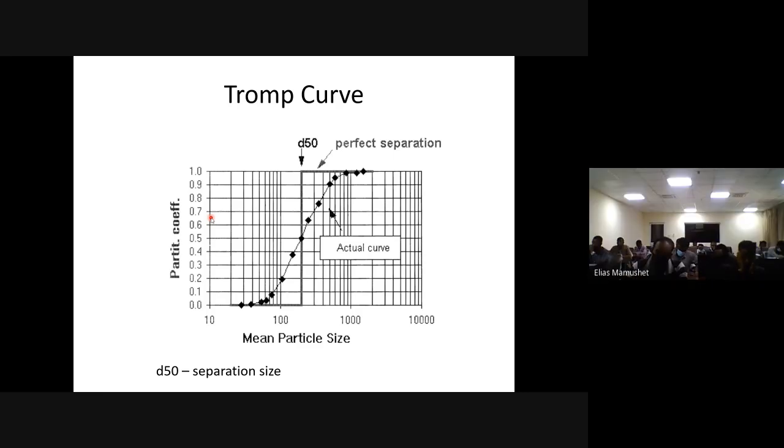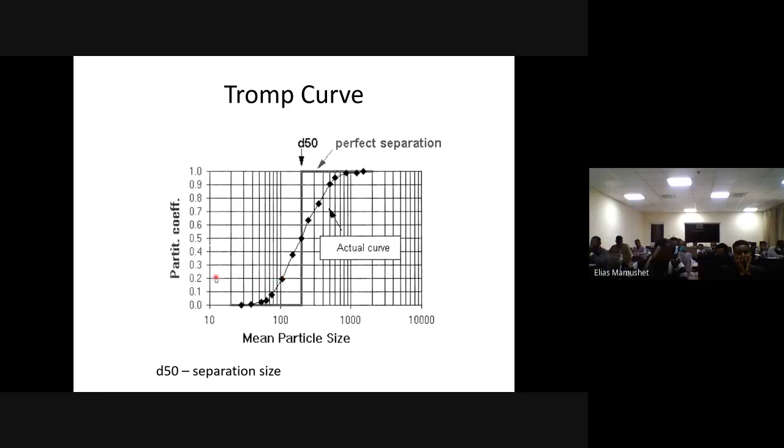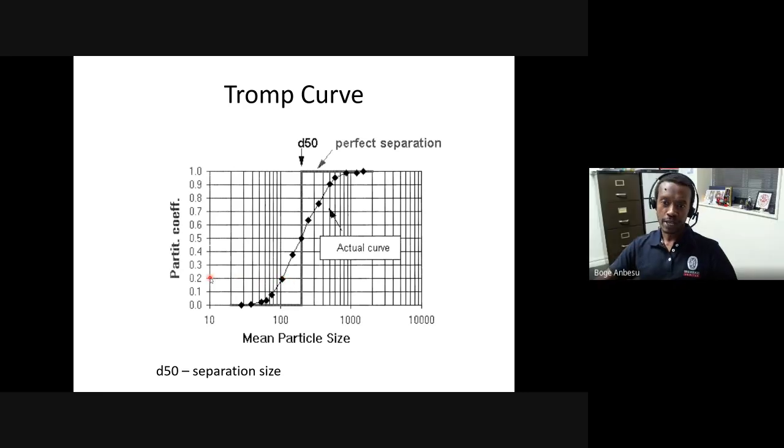Okay, and the same is true here. For example, if I take particles that are about 100 millimeter in size, and my screen is 200 millimeter in size. So here it says, although particles are only 100 millimeter in size, about 20% of them actually are not reporting to the fine proportion, but they're reporting to the coarse proportion.